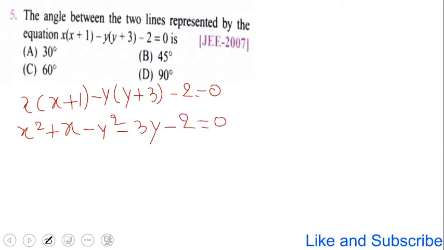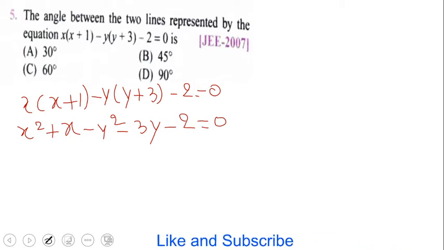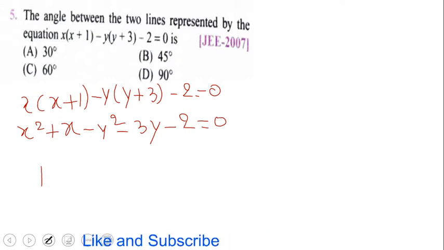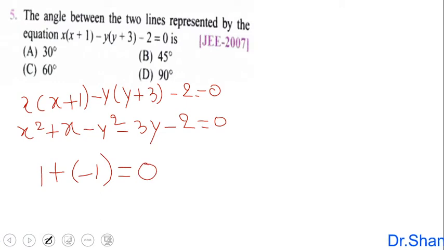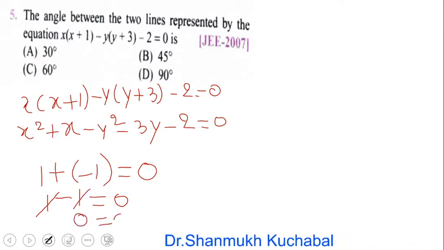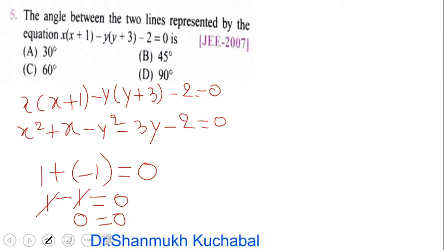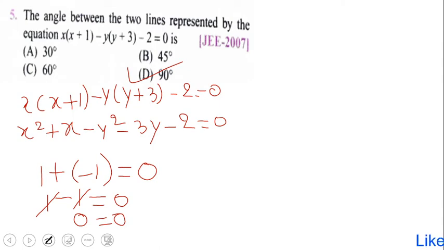In order to find the angle, I take the coefficient of x square, which is 1, and add it with the coefficient of y square, which is minus 1. So this is equated to 0. 1 plus (minus 1) equals 0. 1 plus 1 minus 1 cancels, 0 equals 0, LHS equals RHS. Therefore the angle is 90 degrees here. So they are perpendicular to one another.